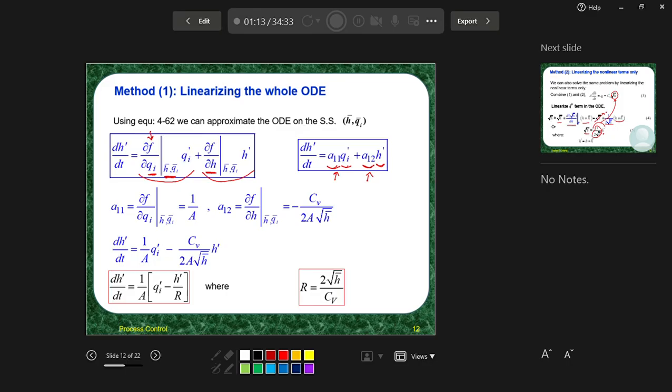For A11, we differentiate the function. Now the function is this f, let me write it here. The function of Qi and H we are considering here is the right-hand side of the equation.